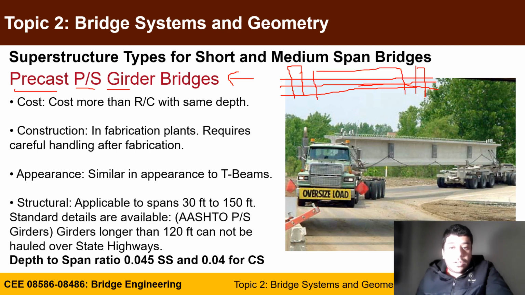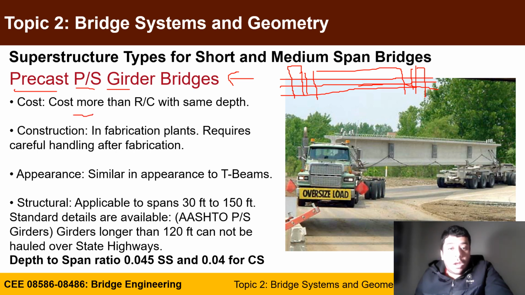After 7 days of curing, you cut the strand, so the tensile force in the strand tries to return to the original position, imposes compression on the girder, and enhances stresses in the tensile zone when you load it.